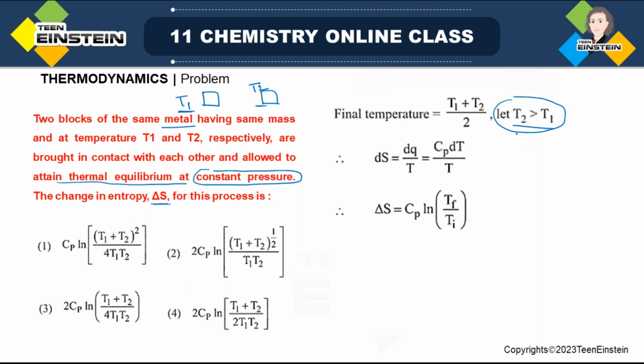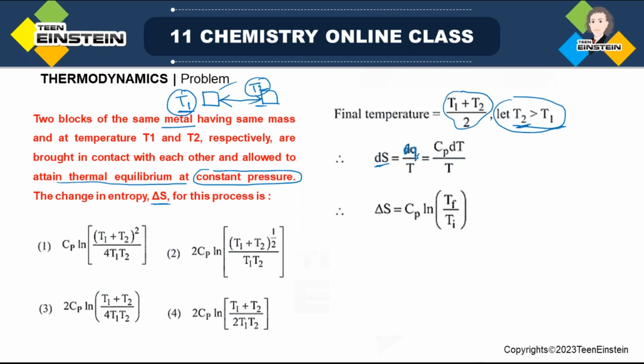So just take any assumption, T2 is greater than T1, and the final temperature will be the average of these two temperatures, that is T1 plus T2 divided by 2, because initially one block is at T1 temperature, another block is at T2, but when they are in contact, the final temperature will be something in between. So if T2 is high, obviously T2 will gradually decrease and T1 will increase, and it will reach the final temperature like this.